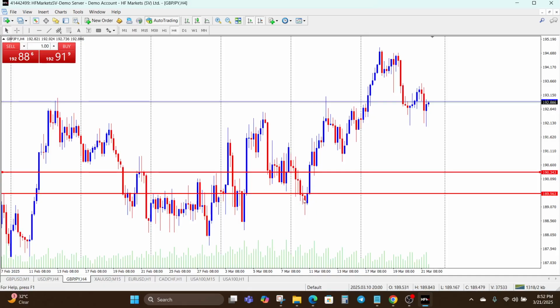Well, guess what? You're going to get stopped out as this thing came down, and guess what again? It eventually went in your direction. So when your stop loss is too tight, it can get triggered too early, knocking you out of a trade before it moves in your favor.